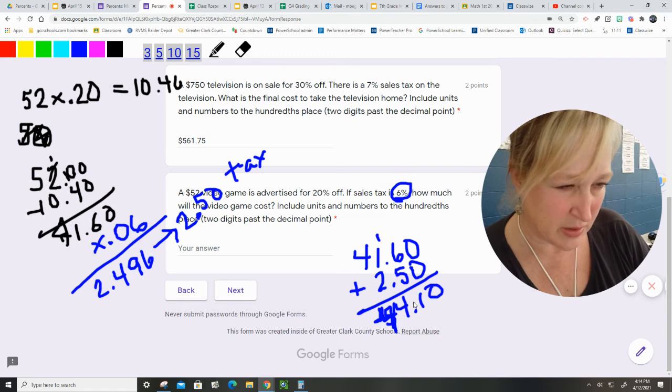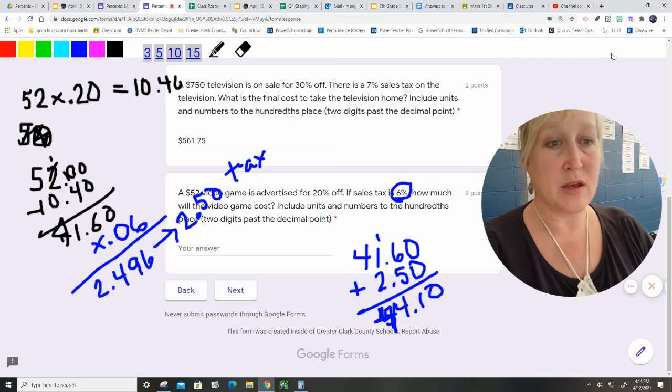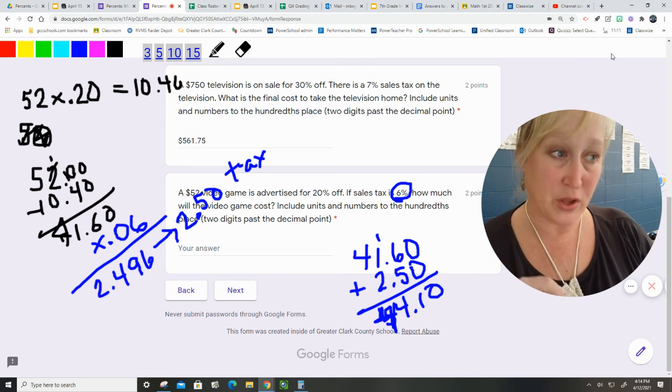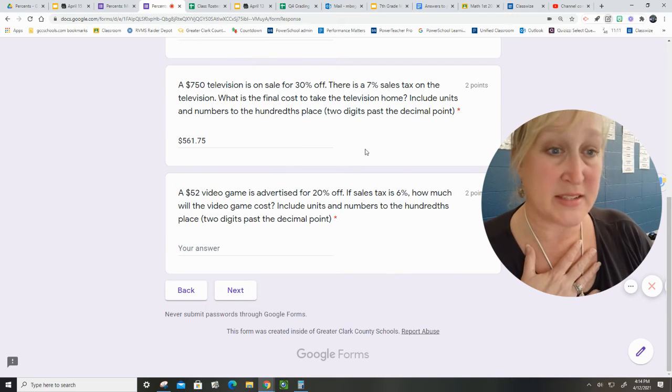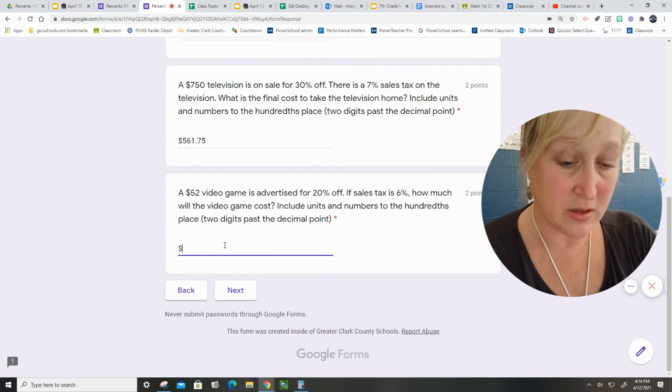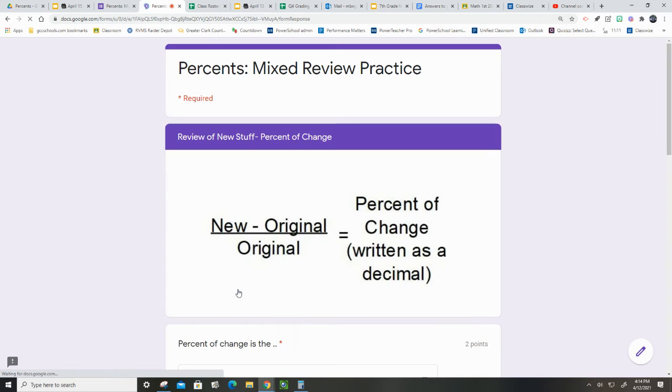Let me make sure. 0, carry the 1. That's a 4. Yep, $44.10. So my original $52 video game, I get to walk out the door with $44.10. So I'm going to put that answer here. Next.